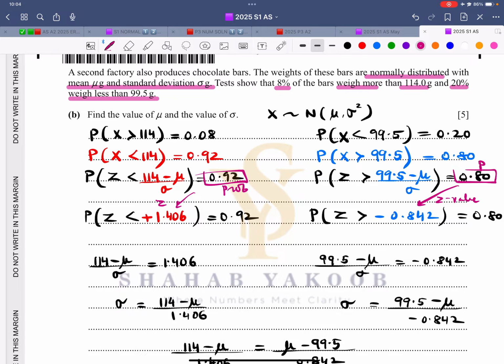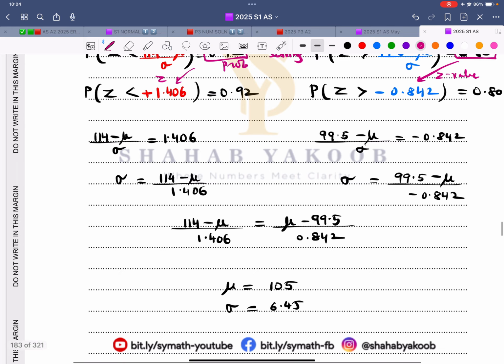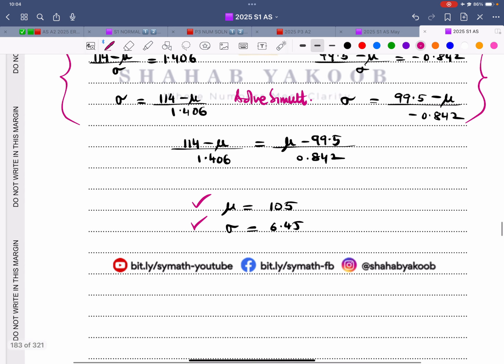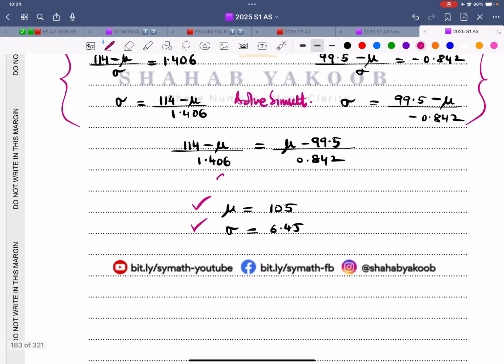This is a p value. So this is like a question of back solving. Whenever probability is given and you have to find the z value, that is back solving. Now this is basic maths. You get two equations. You solve simultaneously. Of course, you should show the working. I have just given the final answer over here. I have guided you on how to work it out. So show all steps, every step that you are doing, that is necessary.